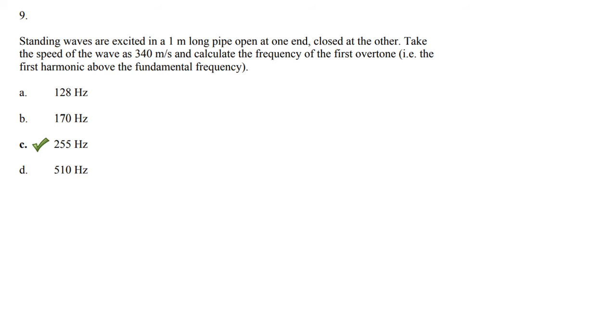Take the speed of wave as 340 meter per second and calculate the frequency of the first overtone, that is the first harmonic above the fundamental frequency. Option A 128 Hz, option B 170 Hz, option C 255 Hz, option D 510 Hz. And you can see that option C is the correct answer.